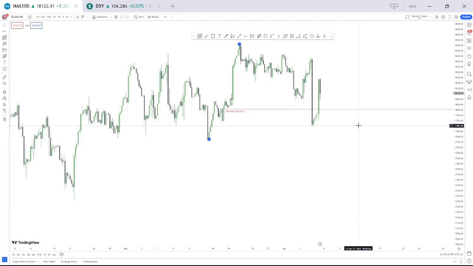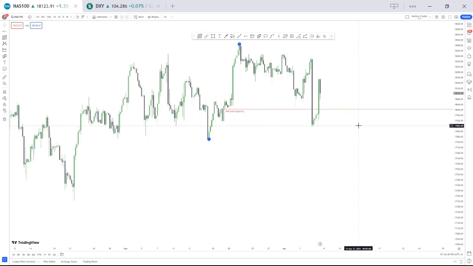The DXY is just there on my chart for me to know if the dollar is going to be bullish this week, or if the dollar is going to be bearish this week. The thing about DXY and NAS 100 or Nasdaq is that it doesn't follow the DXY and it doesn't go opposite. I don't know if you understand me.